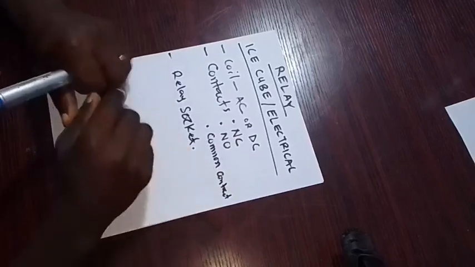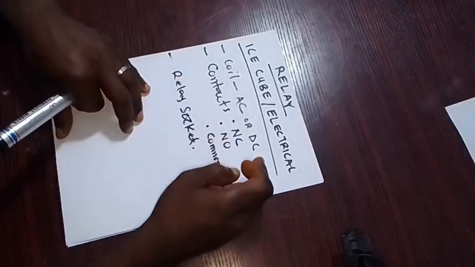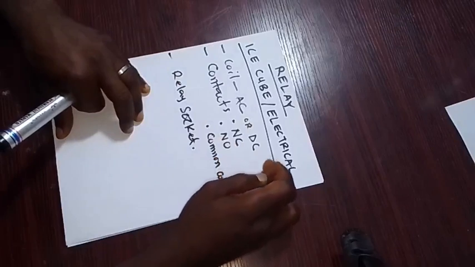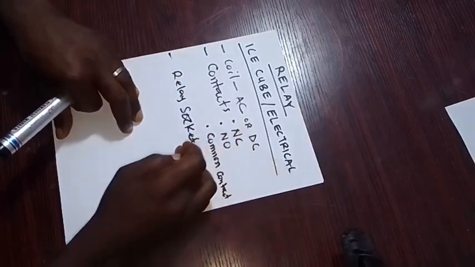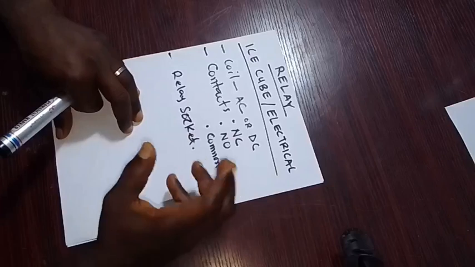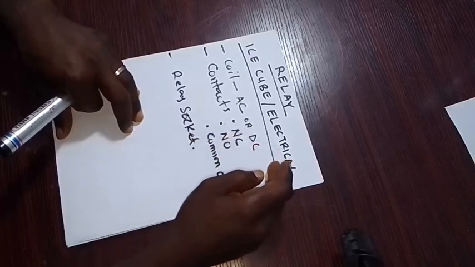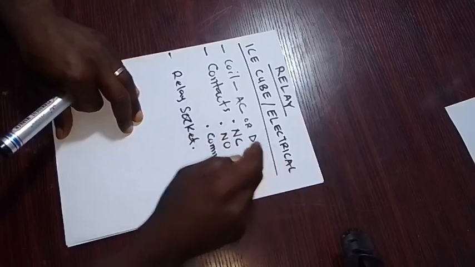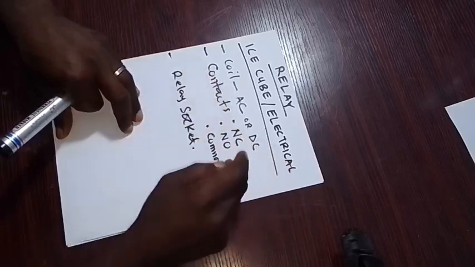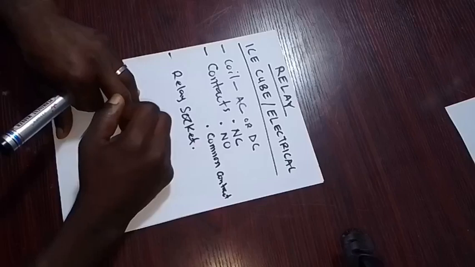One thing you need to understand is that the coil is separate from the contact, in the sense that there are certain relays in which the coil is energized by a DC, but the contact can accommodate AC.